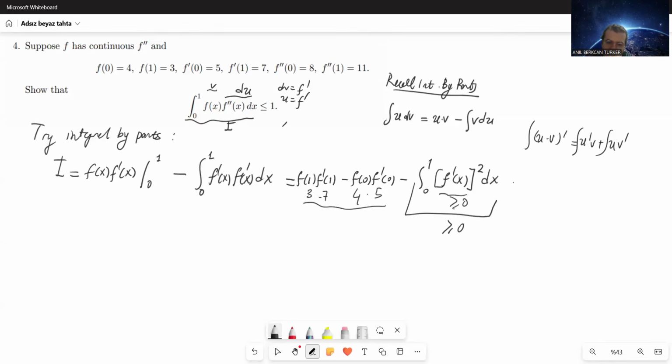So let me calculate this difference: 21 minus 20, it's 1 minus the integral from 0 to 1 of f prime x squared dx. So it is always less than or equal to 1, because this integral is always positive or 0. Okay, that's the proof.